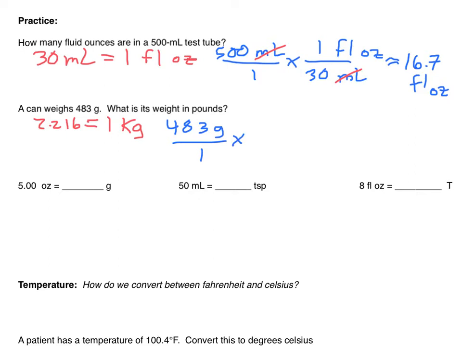I need to eventually, when I'm done with my dimensional analysis, have pounds. Right, that's what I want. Since I don't have a direct conversion between grams and pounds, I could go from grams to kilograms, and then I can go from kilograms to pounds. So that's the plan. Let's first cancel out grams and go to kilograms. I know there are 1,000 grams in 1 kilogram.